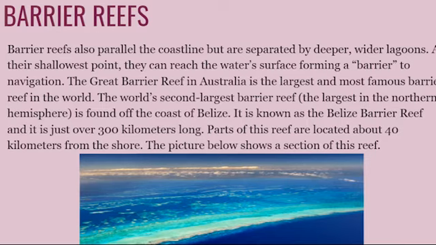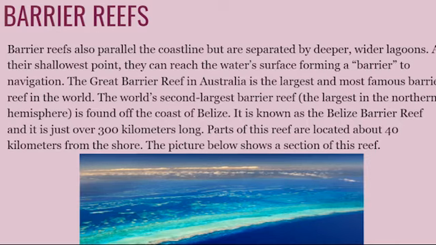Now, this is the shallowest part of the reef, so you can see it's rising to the surface to create a barrier. So that white thing that you're seeing there, that's just like the corals rising to the surface to create this barrier. And then this is just 40 kilometers from the shore or from the coast of Belize, and then you can see that the reef continues down, right?